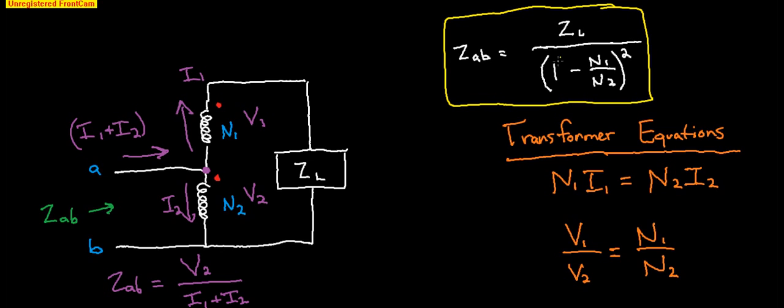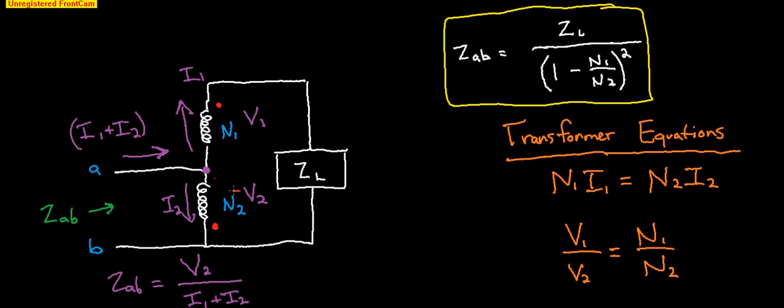But our problem said, instead of having the dots both on top, what happens if we reverse the polarity? That means the red dot now goes down on the bottom. If we change the polarity, then this V2 will become negative.